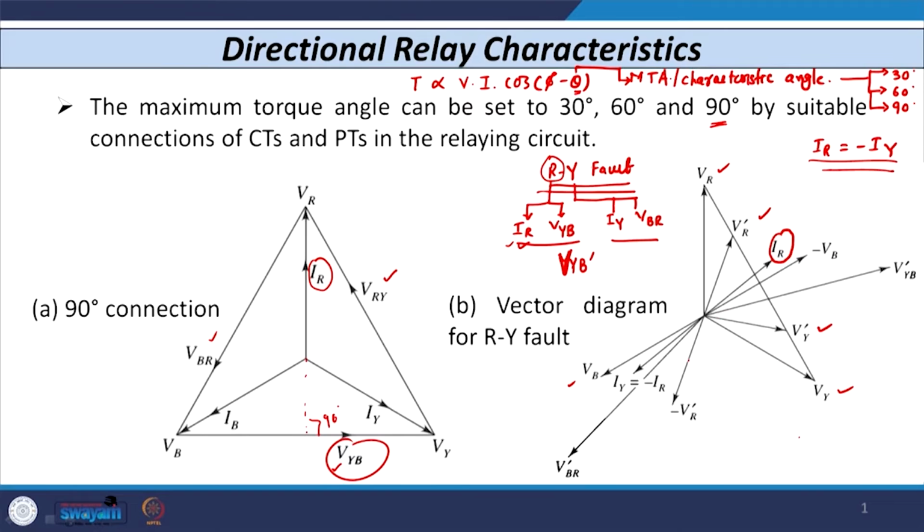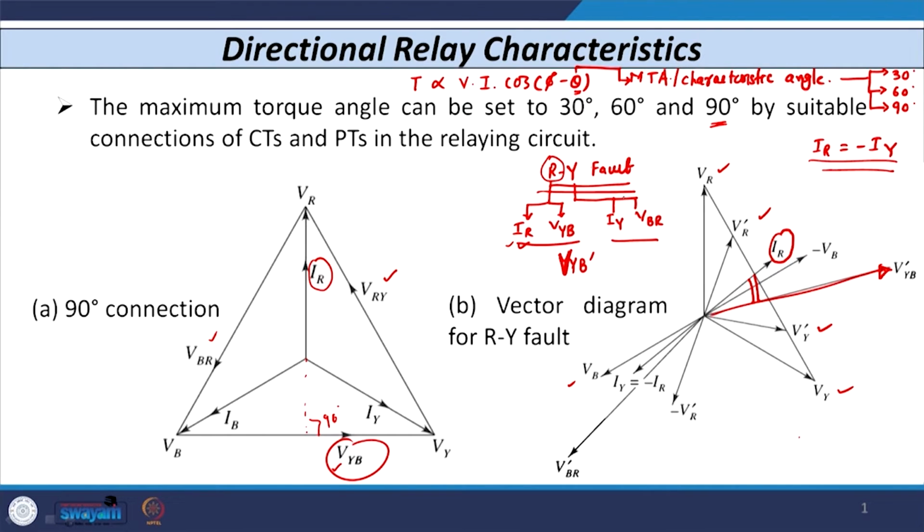So, if I have the Vy voltage here and minus Vb dash here, you have the voltage Vyb dash, that is this value. So, this is your V dash Yb, and the angle between V dash Yb and IR is this angle. So, you can see that if you give this quantity to the relay, then the relay will produce maximum torque.